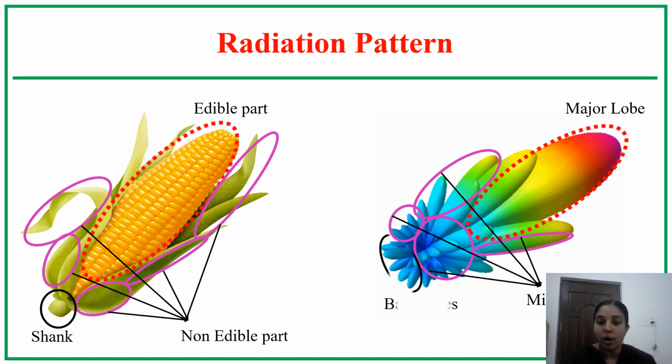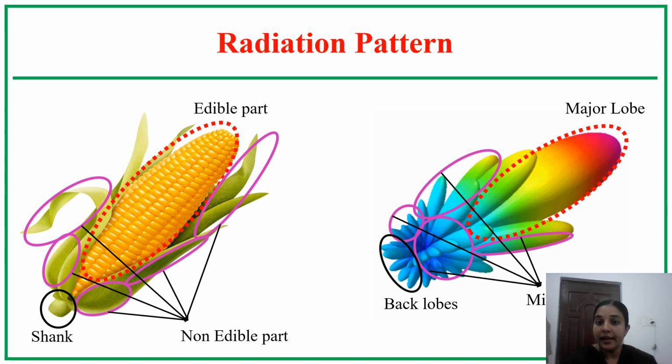In a similar way also, in this radiation pattern, we have this major lobe. There are a few lobes which lie completely opposite, that is behind our major lobe, which are called back lobes. These back lobes consist of no information that we are transmitting.